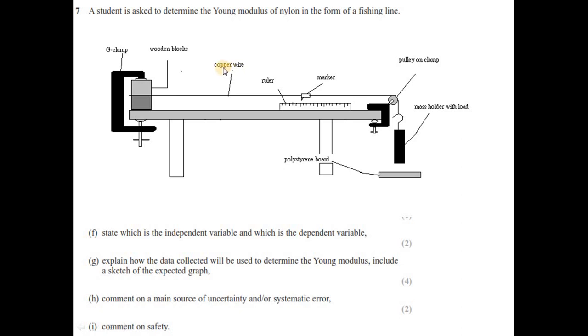Here the diagram is showing copper wire, but make sure that you are not using copper wire. You just replace this copper wire with the nylon wire. So you must write nylon wire, and the wooden block is not necessary, but the G clamp. So this diagram you can draw.